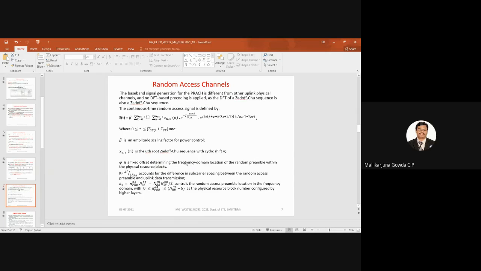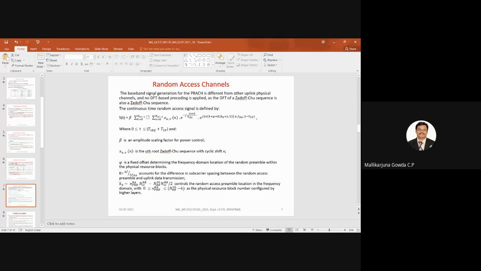Here, a mathematical relation is given for how this random access signal is generated. As I said, this PRACH is different from other uplink physical channels. The baseband signal generation for the physical random access channel is different from other uplink physical channels.